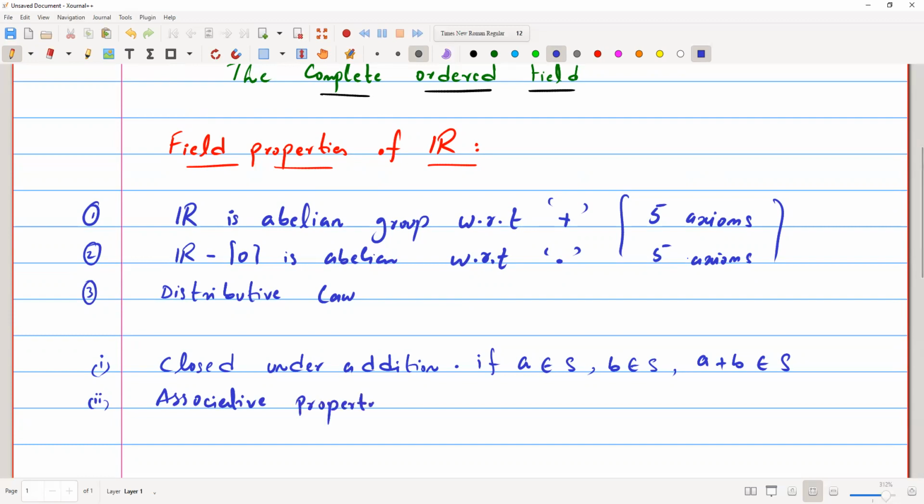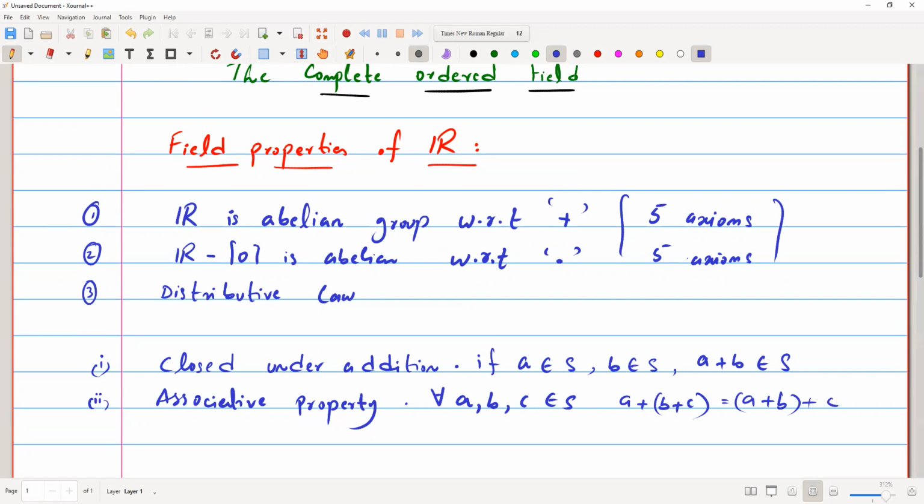For abelian groups under addition, it says that for all A, B, C belonging to the set, (A plus B) plus C equals A plus (B plus C). So this is the associative property.